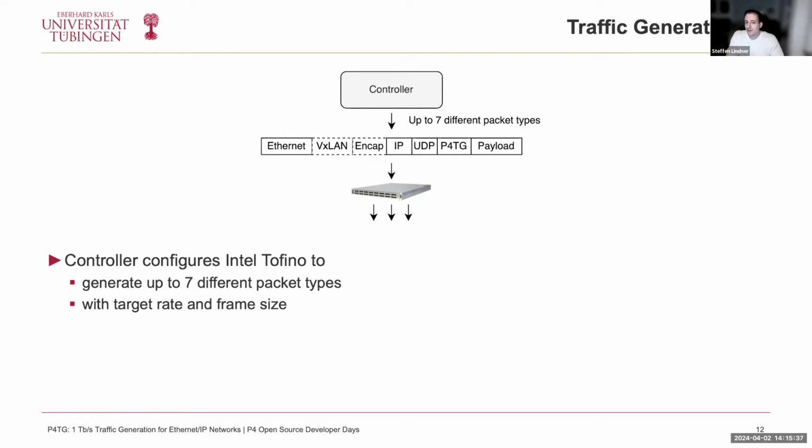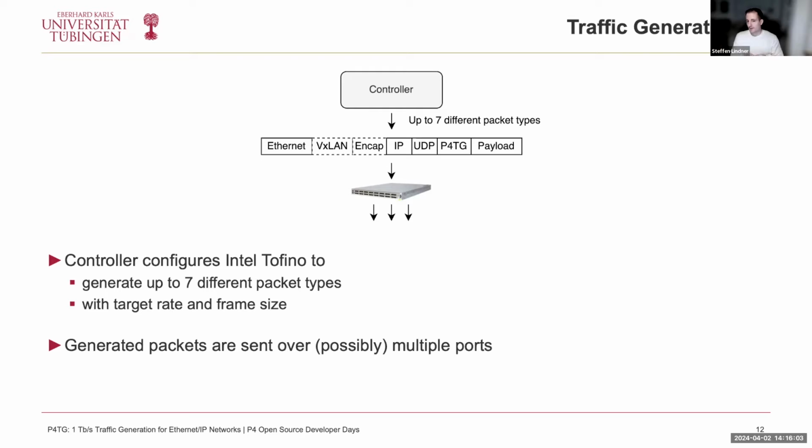A packet that we define consists of an Ethernet header, an optional VXLAN header, an optional encapsulation like VLAN or MPLS or QinQ. Then we have a regular IP header, a regular UDP header, and our custom P4TG header that we use for packet loss detection, for example. And finally, we have the payload, which is randomized, and the size of the payload depends on the frame size.